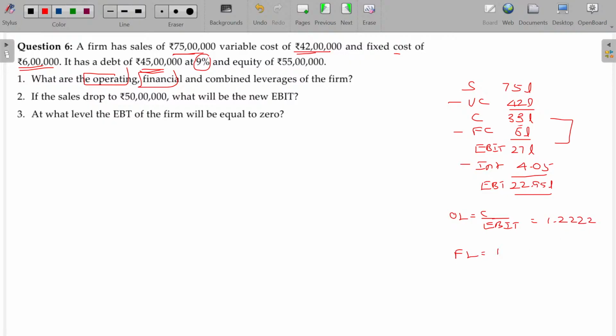Financial leverage is equal to EBIT by EBT, 27 by 22.95, 1.1764. Combined leverage is nothing but multiplication of operating leverage and financial leverage, 1.4379.